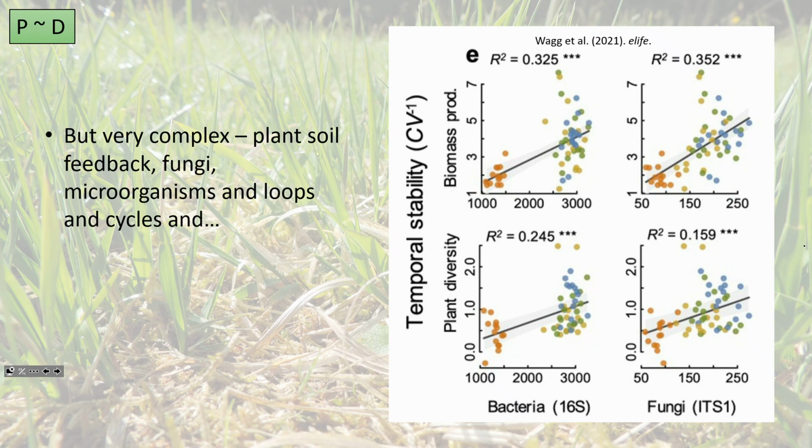So there are apparently some loops, some cycles. So we don't know if the changes in diversity are driving above ground biomass. Here it's actually stability of above ground biomass, but for biomass it's basically the same.